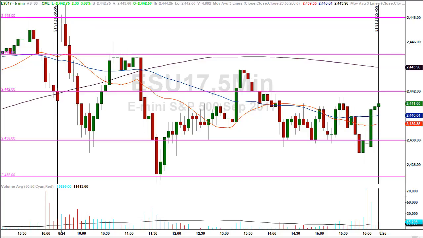As you can see, it was a pretty choppy day in the market today. There was a lot of back and forth behavior in the market, at least in the S&P. But that doesn't mean that it's not tradable. It is. When the market went back up from 2438 to 2445, there's a very specific reason.